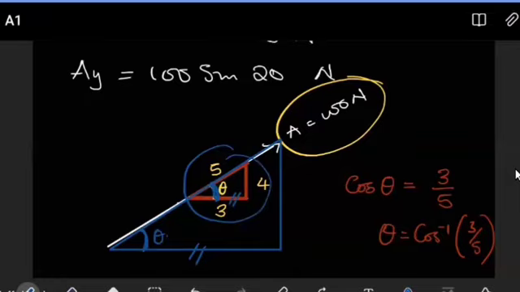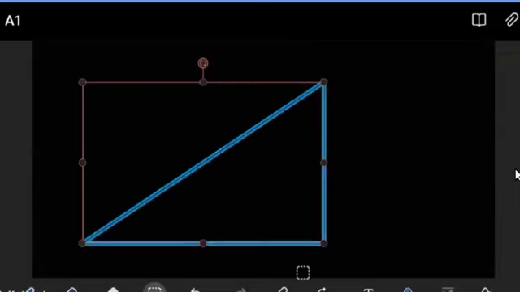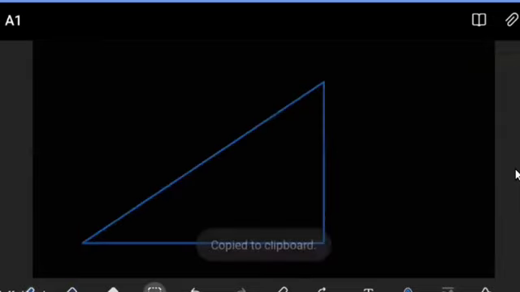I repeat, which part? Okay. So we have the big triangle as this. And then we are given its smaller version.